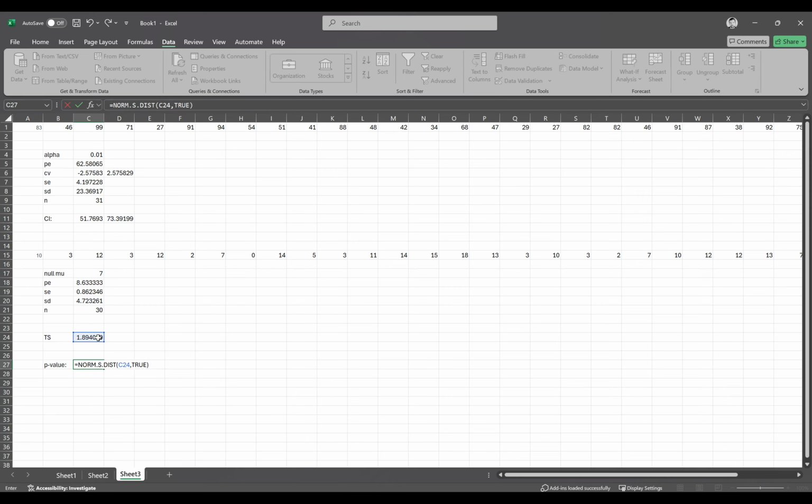I'm just hitting tab to accept that, but you could just type in true. And remember, this is going to be the upper version. I need to do 1 minus this for a positive test statistic to get that p-value here. So that's going to be my initial starting place for the p-value for this problem.